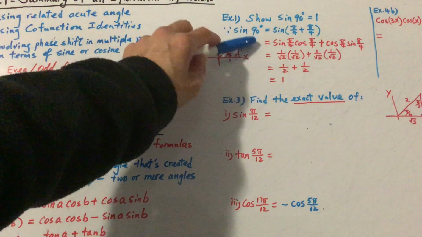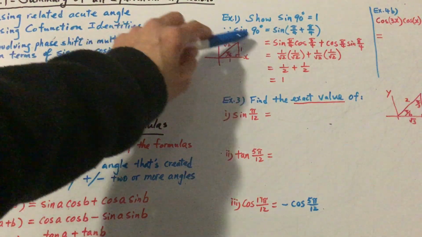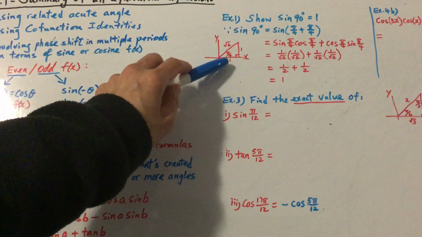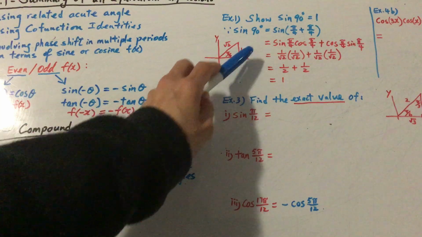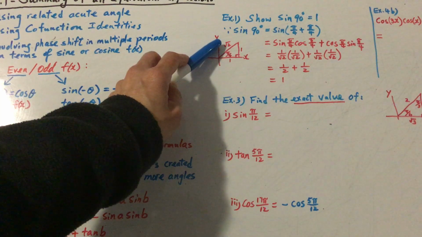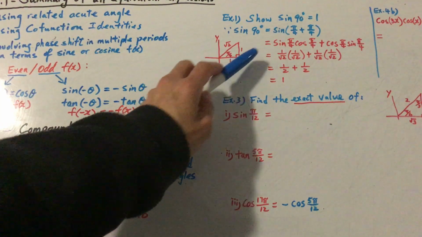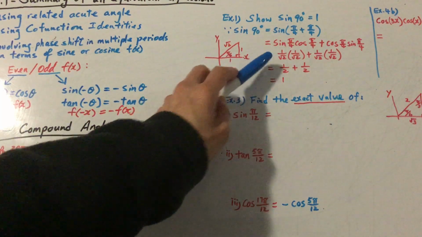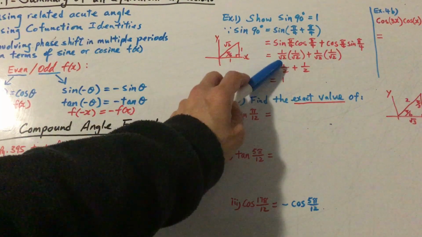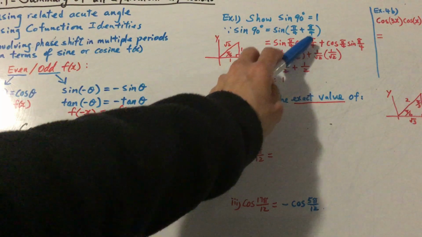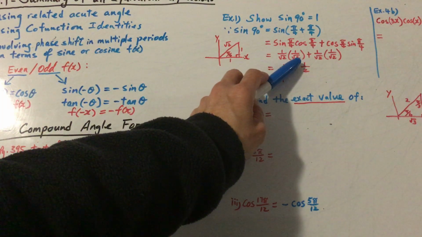Coming from the special triangle with opposite, adjacent, and hypotenuse side lengths, we know that the sine of 45 gives the exact ratio 1 over root 2. Same as the cos of pi over 4, you get 1 over root 2.